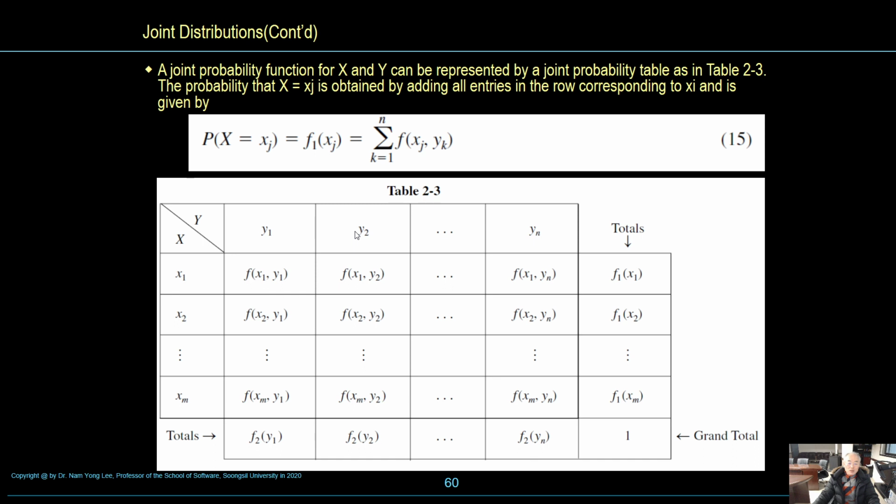The probability of X equal to xj is obtained by adding all entries of the row corresponding to xj, giving f1(xj). The grand total of this joint probability is 1.